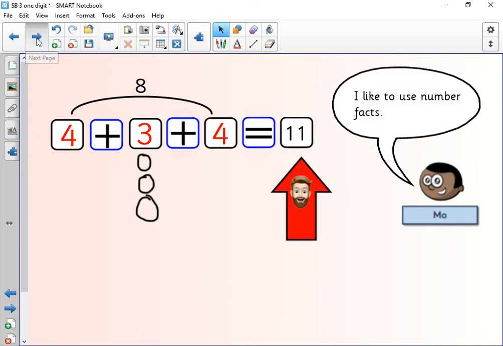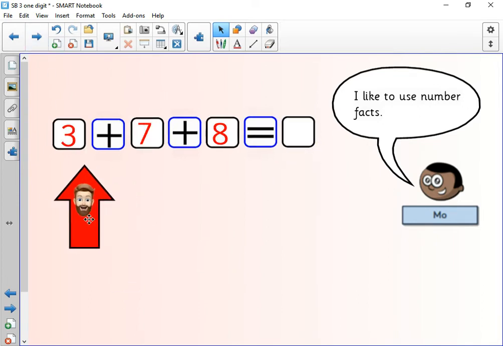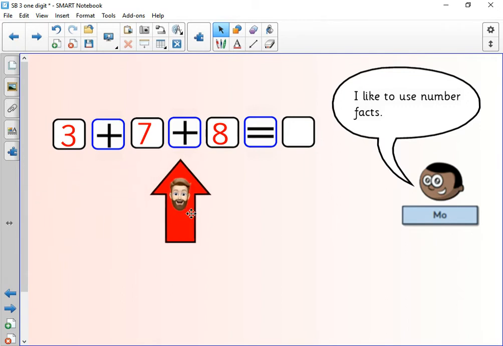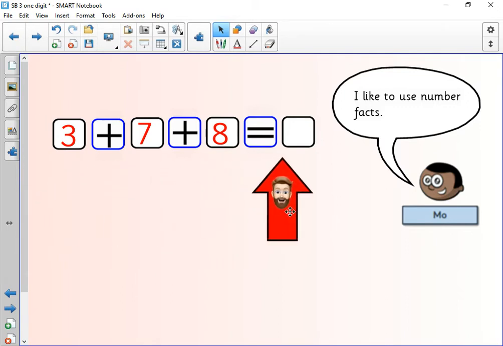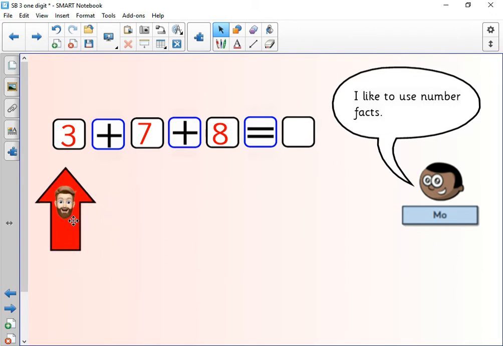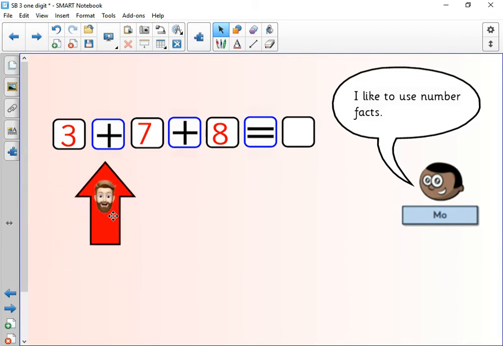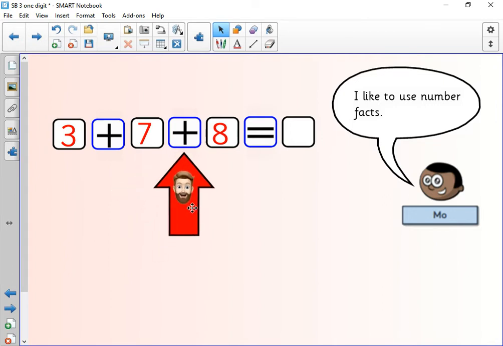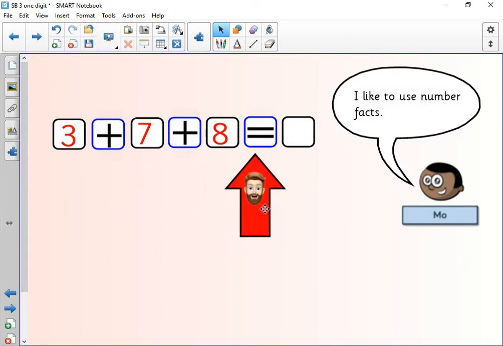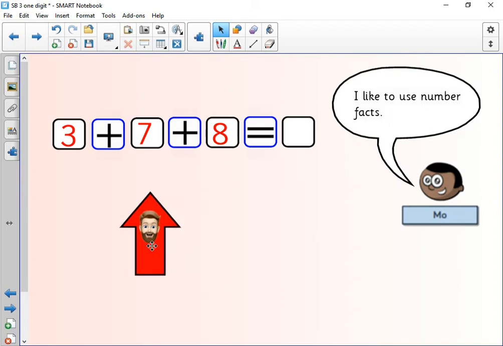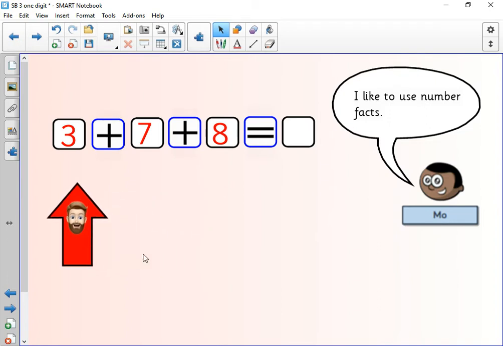Okay, let's have another practice. Let's have a look at the calculation. Now let's read the calculation. I need to hear you loud and clear. 3 add... Now I can't see a double here, so that's not the number fact I'm going to use.